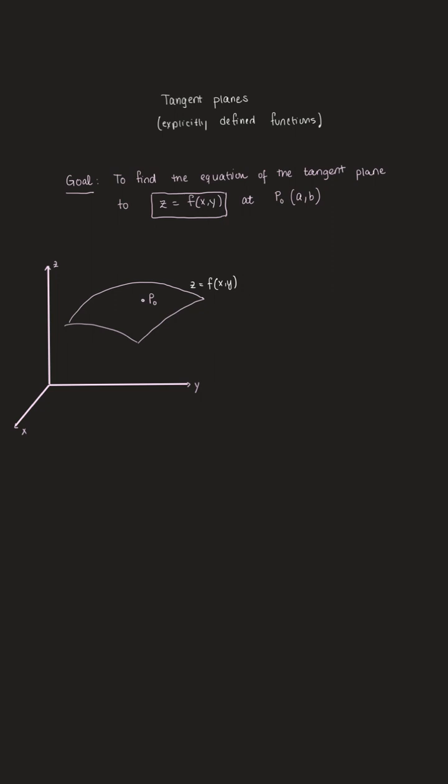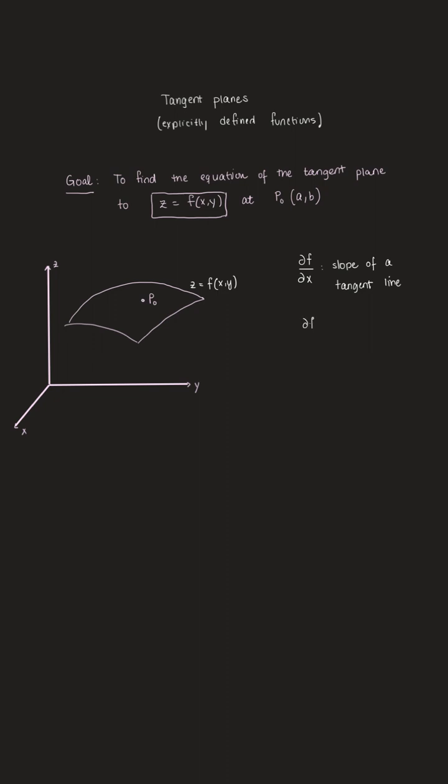And the reason we can't is because recall that the partial derivative of f with respect to x gives us the slope of a tangent line in the direction of x. It's a slope. It doesn't give us a vector.